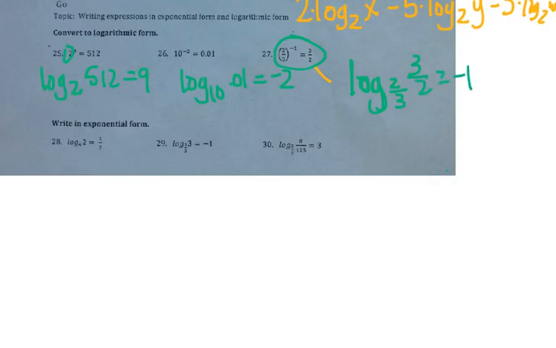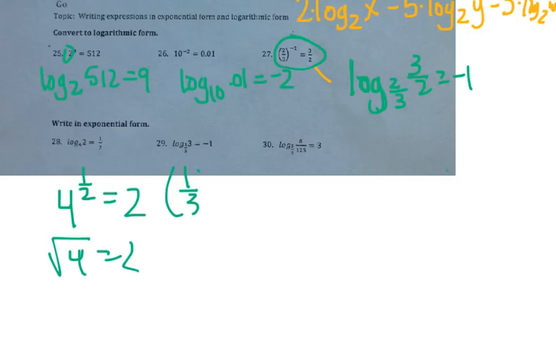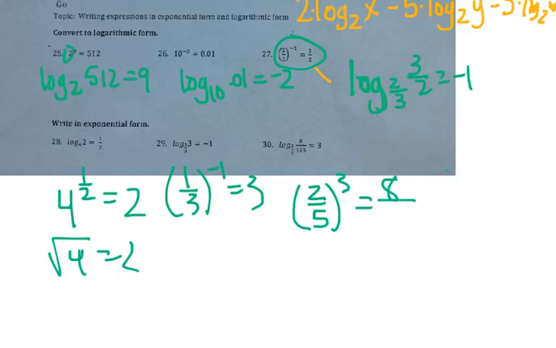And the other ones you just write backwards. So it would be the power of 4 to the 1/2 equals 2, right? Because that's like the square root of 4 equals 2, which is true. This would be the base 1/3 raised to the negative 1 is equal to 3. And 30 would be 2/5 raised to the third is equal to 8 over 125.